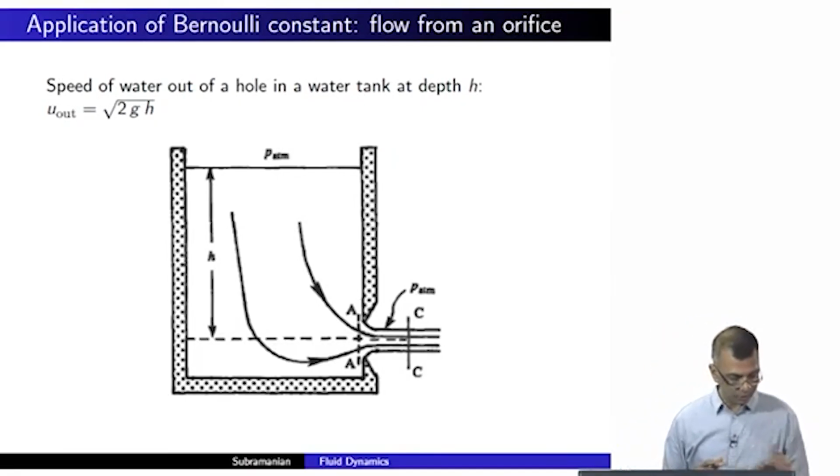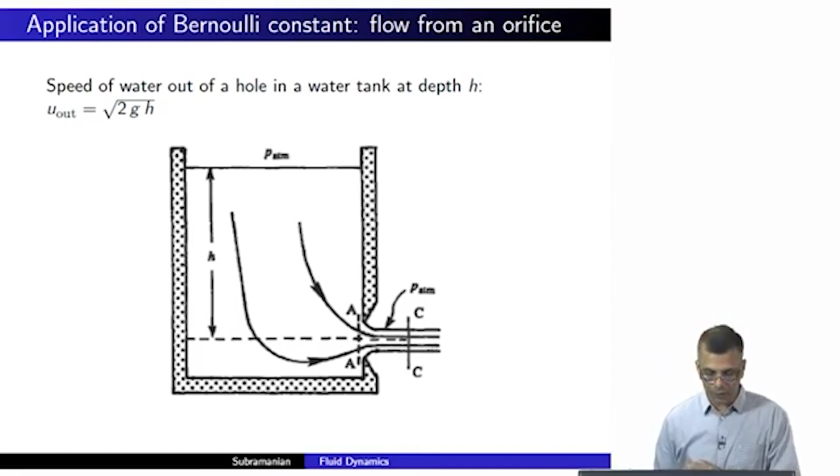The application is that of flow from an orifice. So what you have is a container of water with an orifice here, and you must have encountered this many times, perhaps specifically from the point of view of a Bernoulli constant.